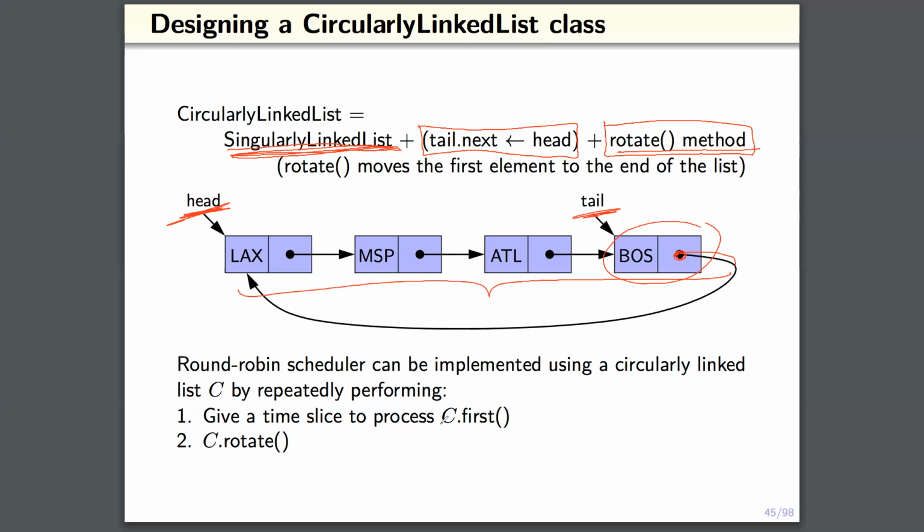Give a time slice to process C dot first and then C dot rotate. It automatically deletes it and adds it. But we will not implement it by deleting and adding. We will use some other operation to efficiently implement rotate. Okay, make sense?